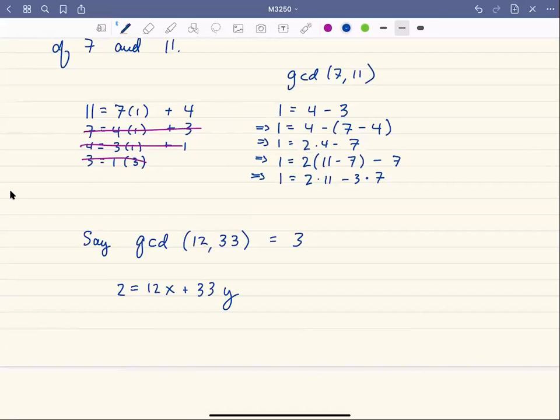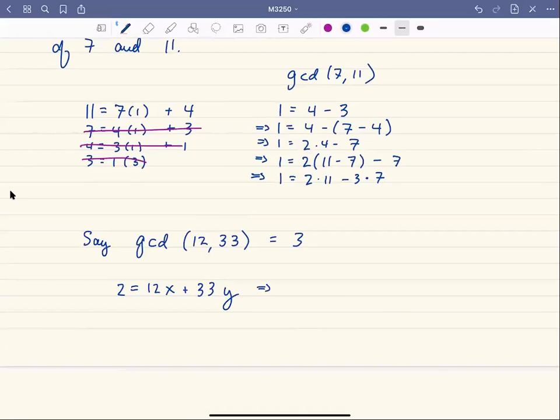Well, the problem is that the right side is a multiple of 3, and the left side is not. And we know by the fundamental theorem of arithmetic that prime factorization is unique. So there's only one way to write any number as a product of primes. You can't have 2 prime factorizations for the same number, right?